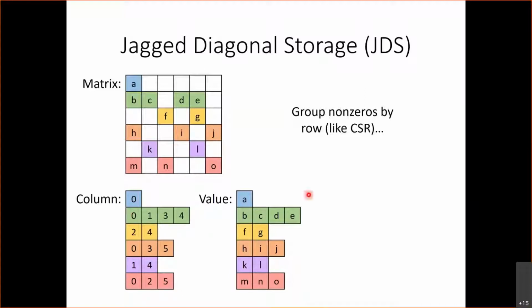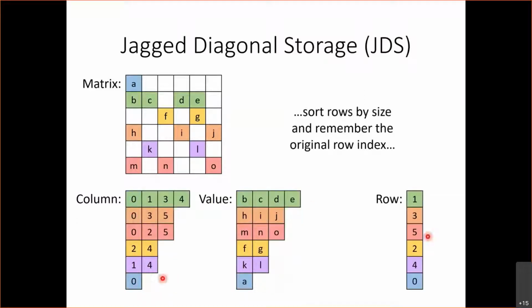But then to minimize control divergence, we sorted the rows, and we kept this permutation vector that reminded us what the original row index of each new row is. And by sorting the rows, now when threads process adjacent rows, they're going to process rows of similar length, and this is what helps us reduce the control divergence.